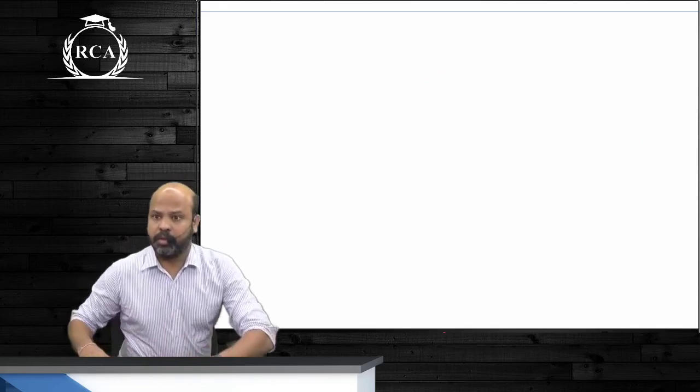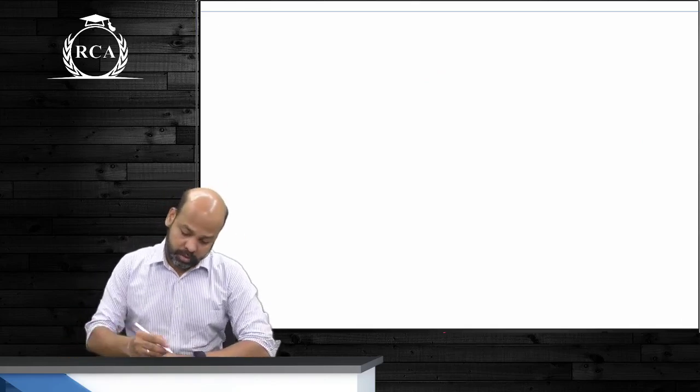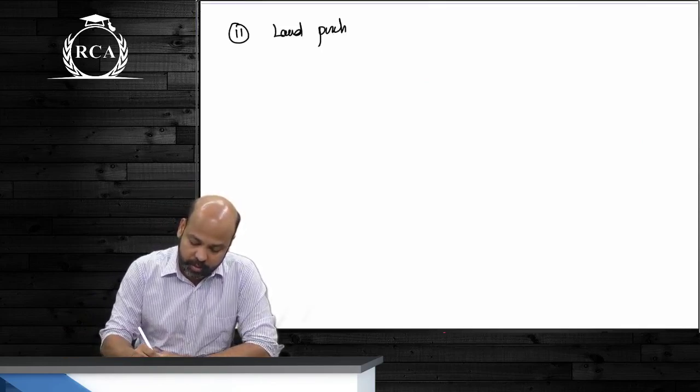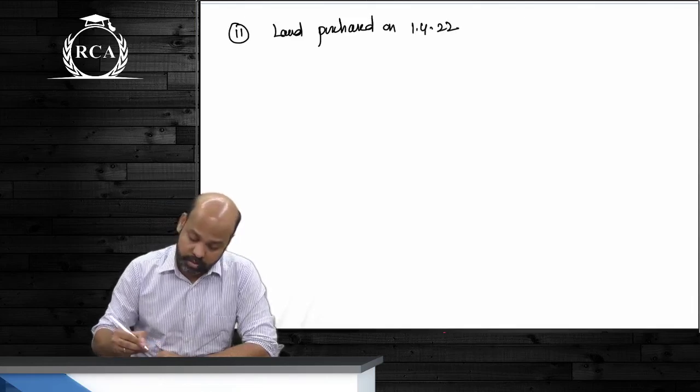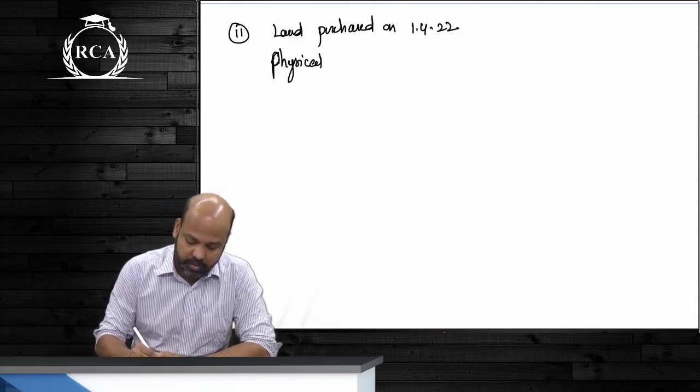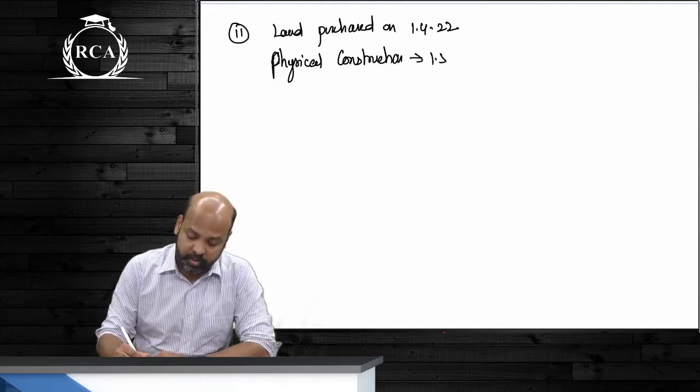Write the details properly, beta, all of you. When was land purchased? Land purchased on 1st April 22, guys. Physical construction commenced on. Physical construction, guys. Start date is 1st May 2022.